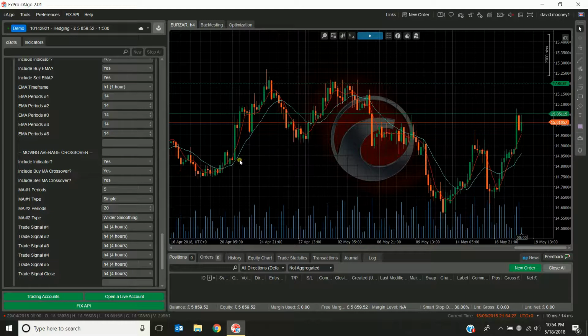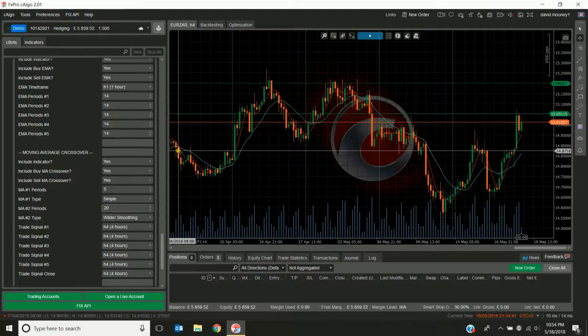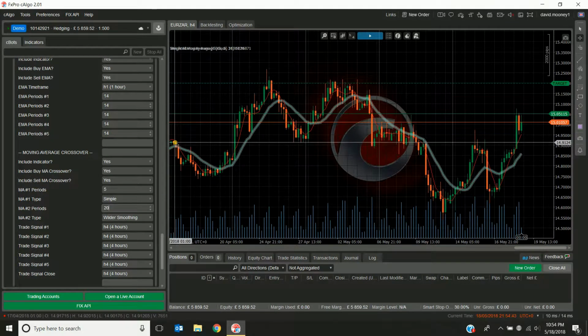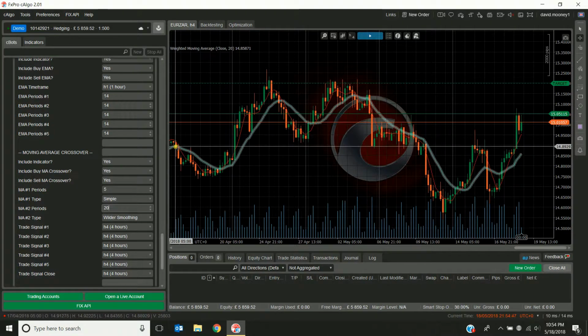So as you can see, when the signal line crosses over, I'll get the little crosshair. So when the signal line crosses over here, somewhere in this candle will enter the sell trade, since the signal line is crossing through to the downside of this blue main line.